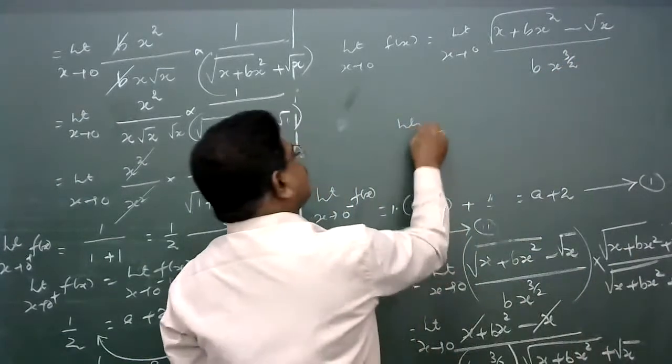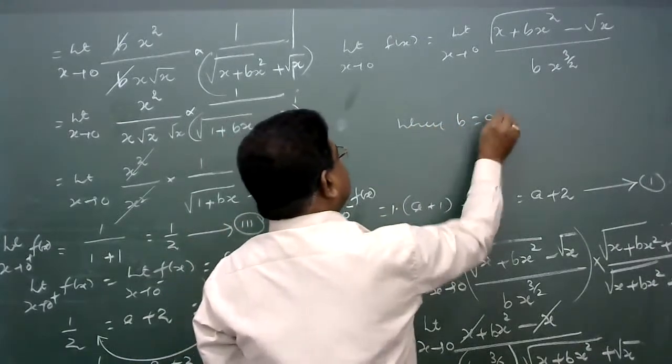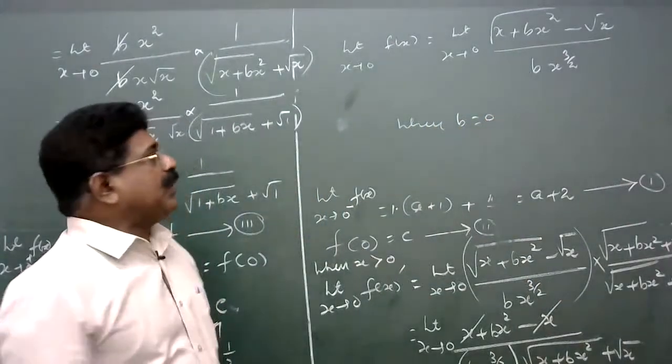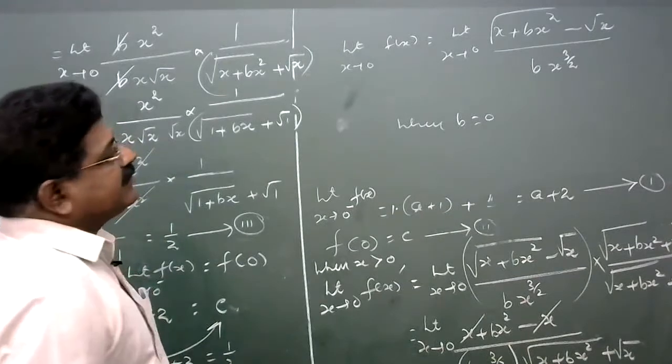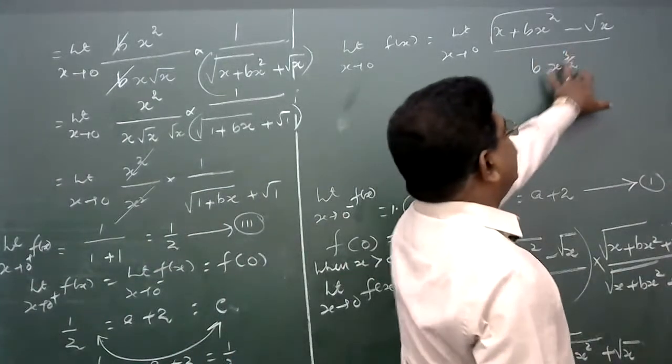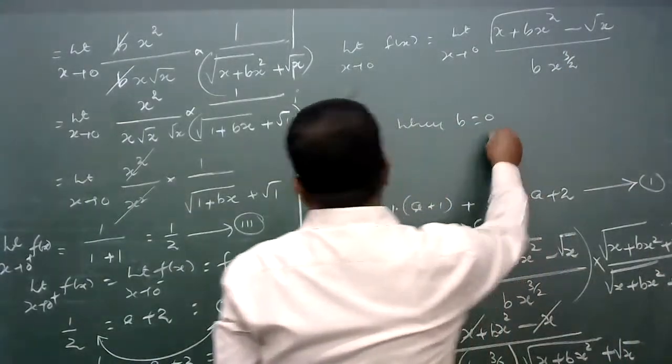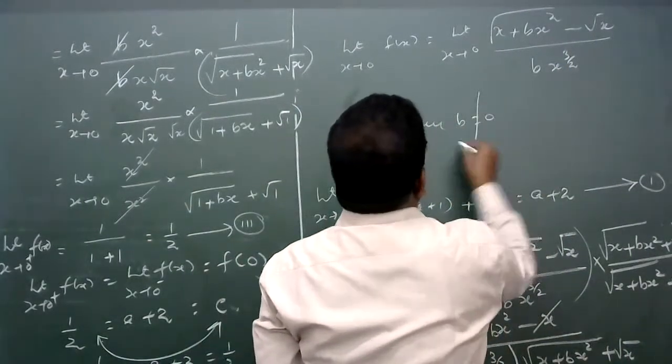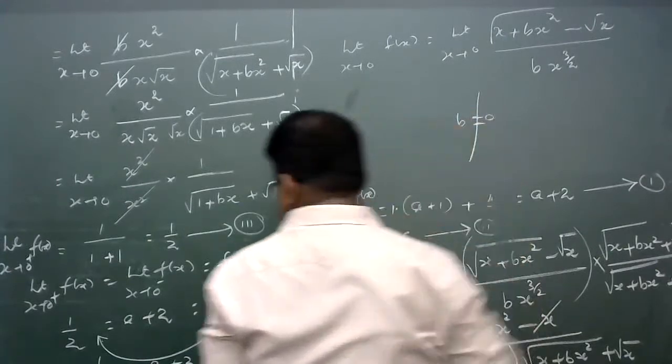So when b is equal to 0, what about the function? The denominator of the function becomes 0. Clear? That is one point, note it. The b should not be equal to 0, first case.